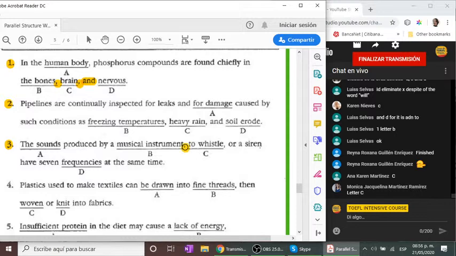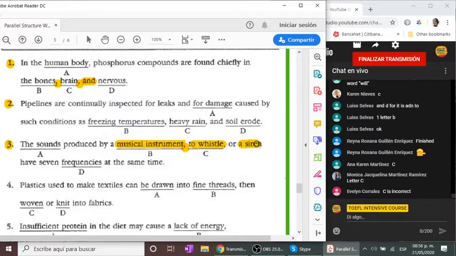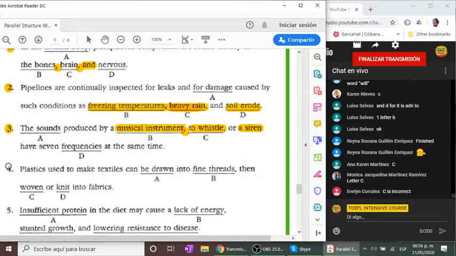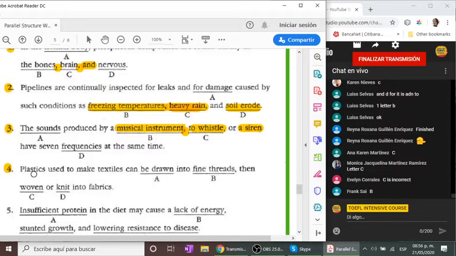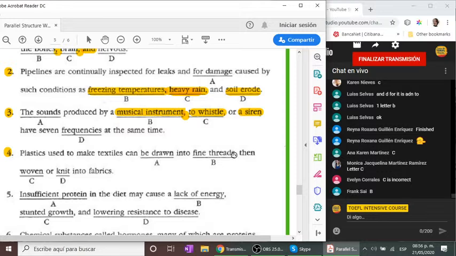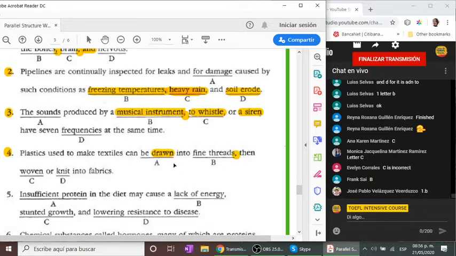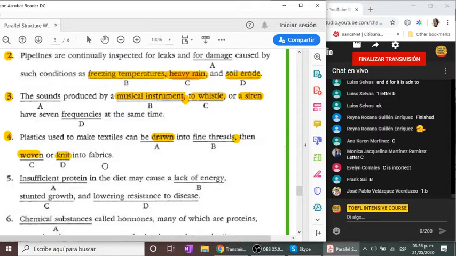Entonces, aquí está nuestra coma. There's a comma there, and there's a comma here, and that's it. Okay? Voy a marcar los que son de la lista, digamos. Ok, vamos con el 4. Plastics used to make textiles can be drawn into fine threads, then woven or knit into fabrics. Okay?